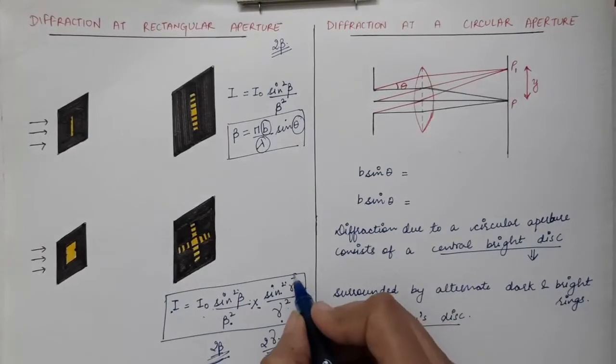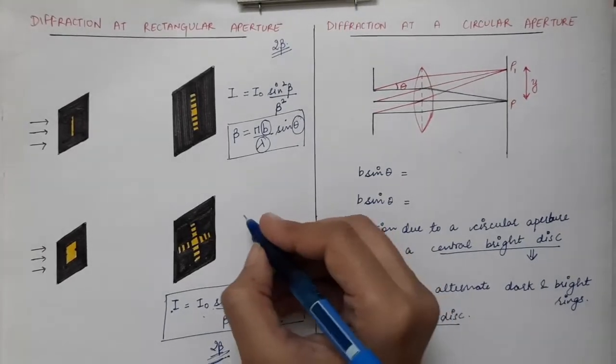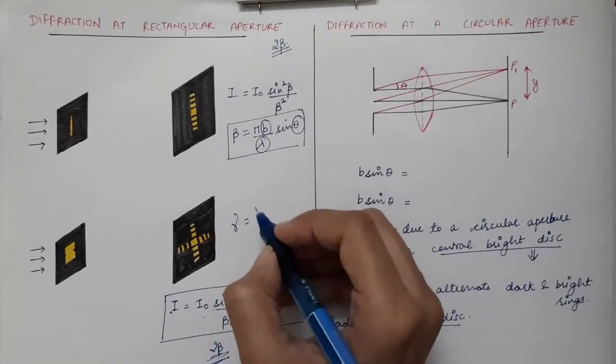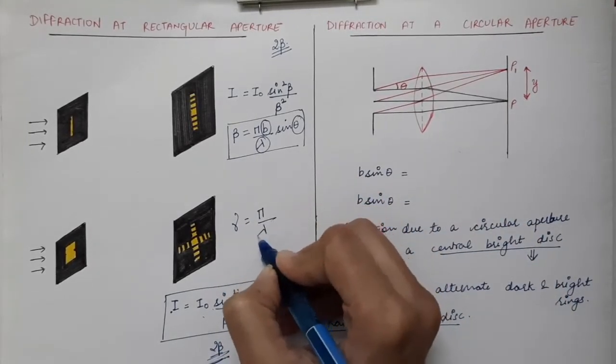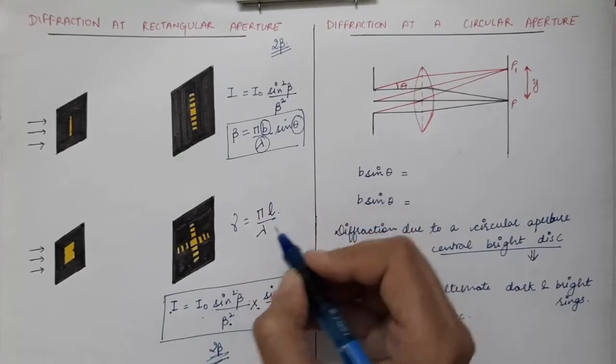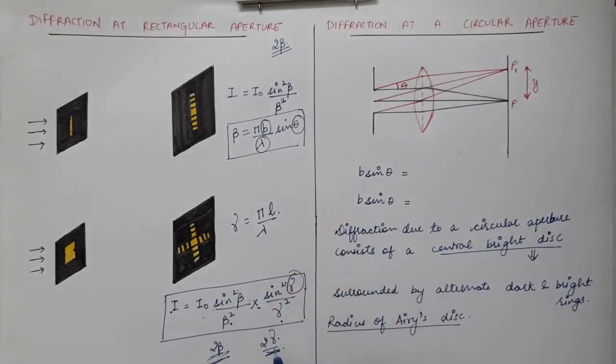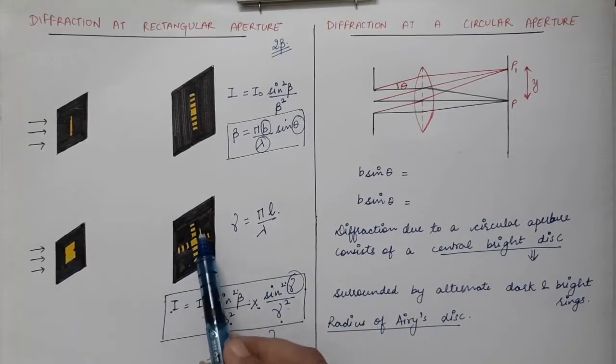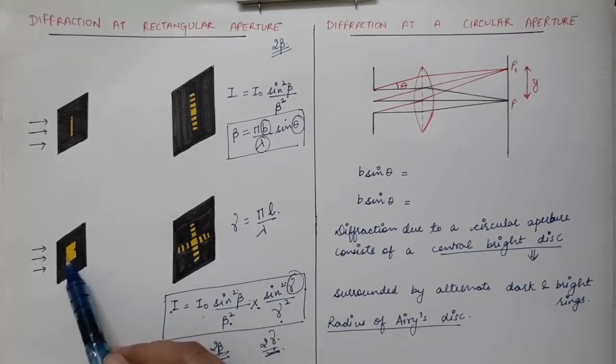So this is the relation of beta with theta. Now what is the relation of gamma with theta? Gamma will have the same form. Gamma will be equal to pi by lambda into the length of the slit, because twice of gamma is the phase difference between the light rays reaching a point on the screen from the two ends of the slit.